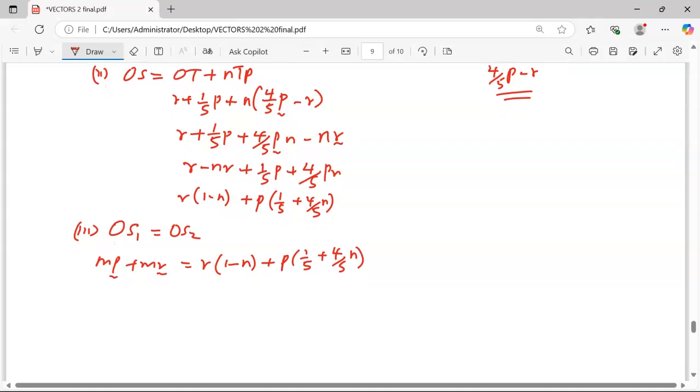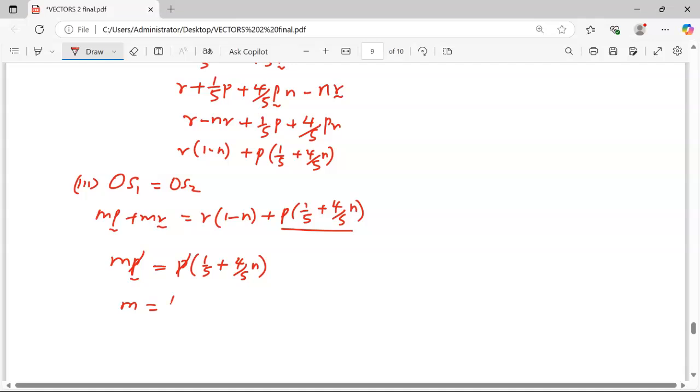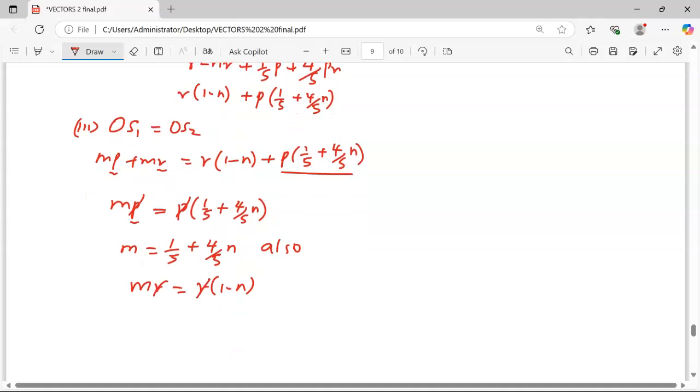We take MP and equate it to P into 1/5 plus 4/5 N. P and P will cancel such that M becomes 1/5 plus 4/5 N. Also, MR will be equated to R into 1 minus N. R and R will cancel such that M is going to be equal to 1 minus N.